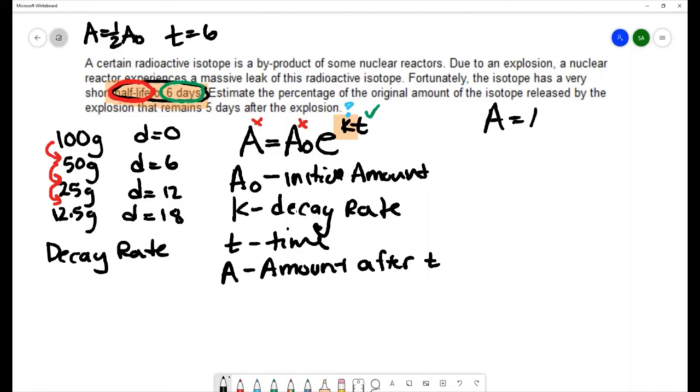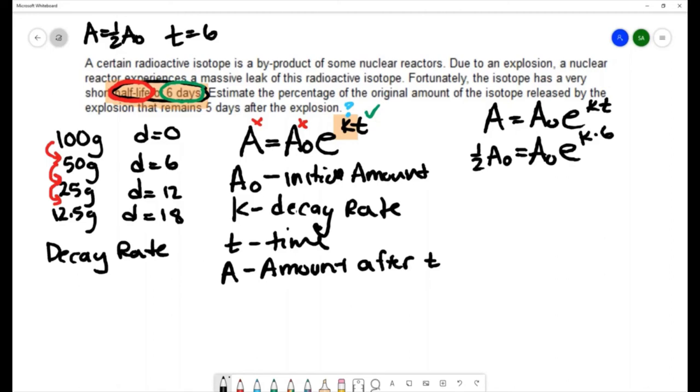So we're going to write the formula. A equals A naught e to the kt. We're going to start substituting in the values. For A, I'm substituting 1/2 A naught. I'm leaving A naught alone. K is my unknown that I'm solving for, and T is 6 for 6 days, because we have a half-life of 6 days.